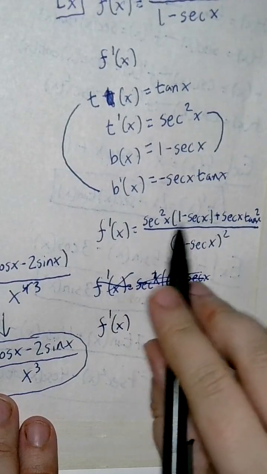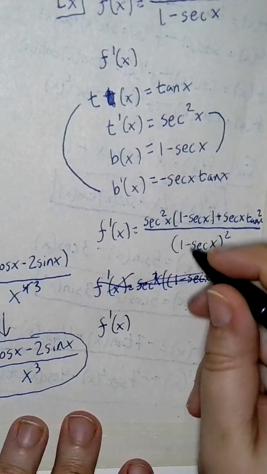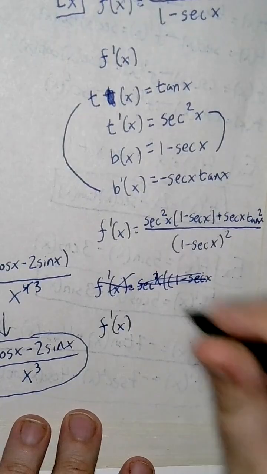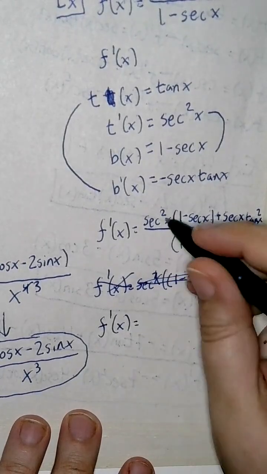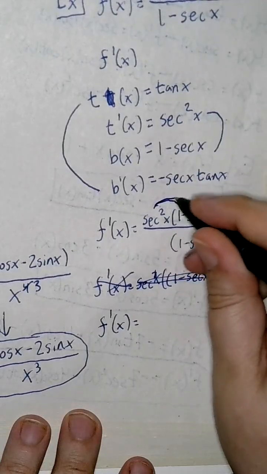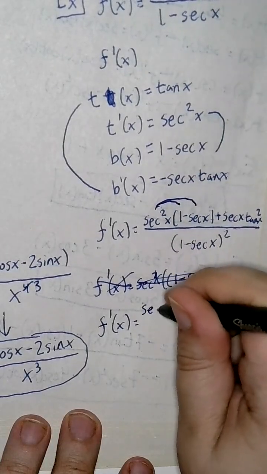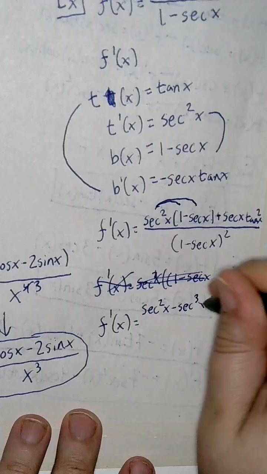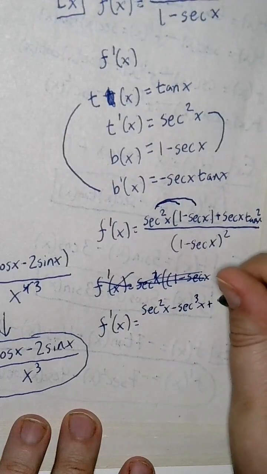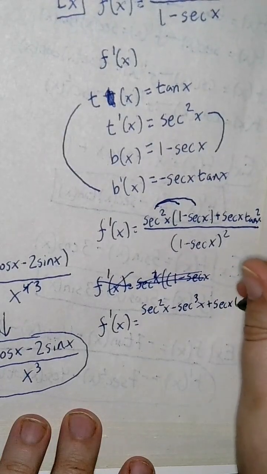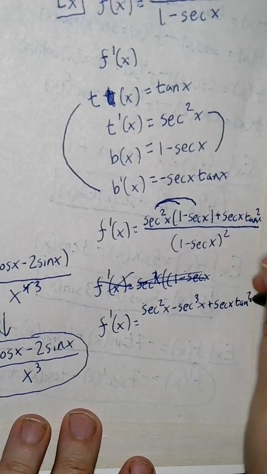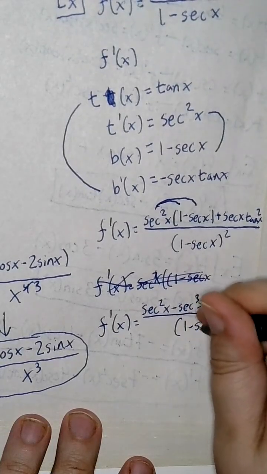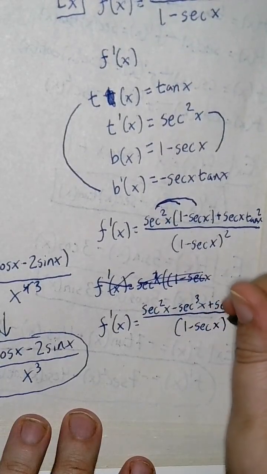If I factor out a secant out of here, or if I simply distribute that secant squared, I'm left with secant squared x minus secant cubed of x plus secant x tan squared x all over 1 minus secant x all squared.